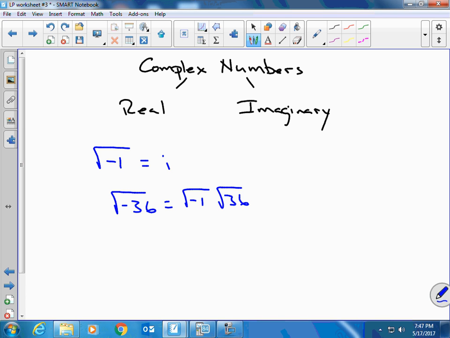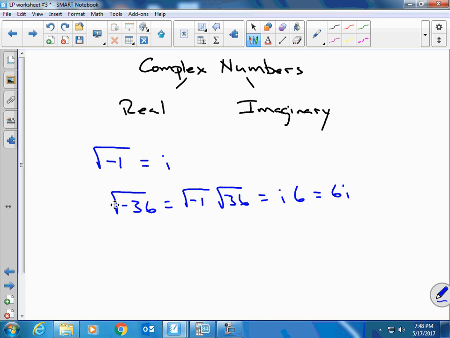So I could split the square root of negative 36 into the square root of negative 1 and the square root of 36. By definition, and I keep saying that because it's important, it's simply been defined this way so that we can handle square roots of negatives. The square root of negative 1 is i, and the square root of 36 is 6, and typically that is written as 6i.